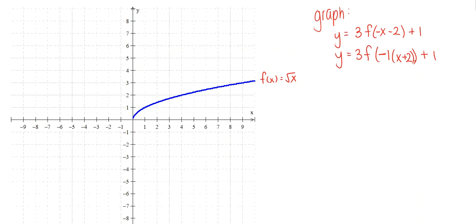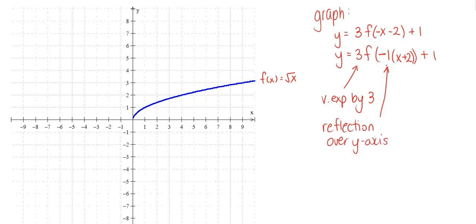So now I can identify that I have a vertical expansion by 3. I have a reflection here. So because it's with the x right here, your x's will switch to the other side of the y-axis, so it's a reflection over the y-axis.